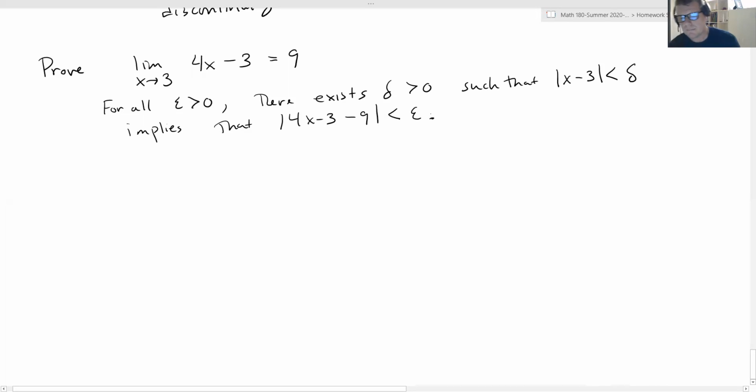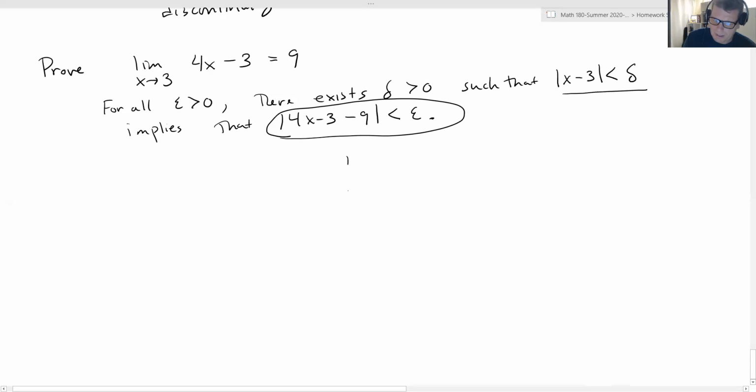So in order to do that proof, I'm going to start out at the 4x minus 3 minus 9 is less than epsilon, and I'm going to get to x minus 3 is less than delta.